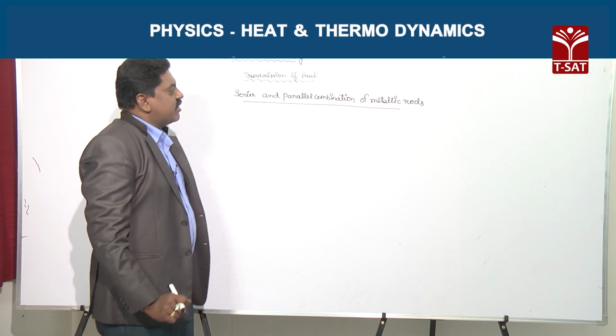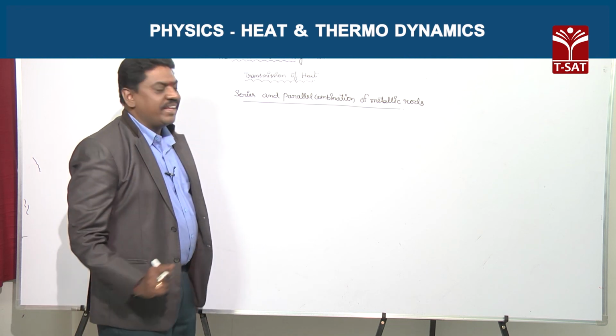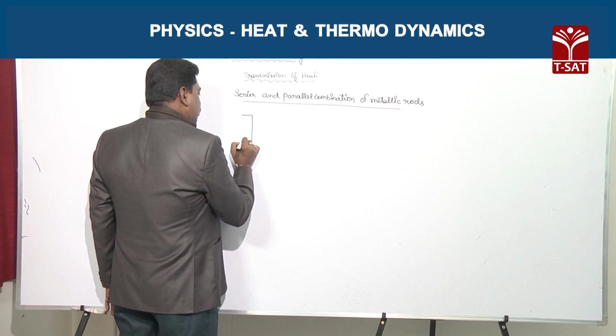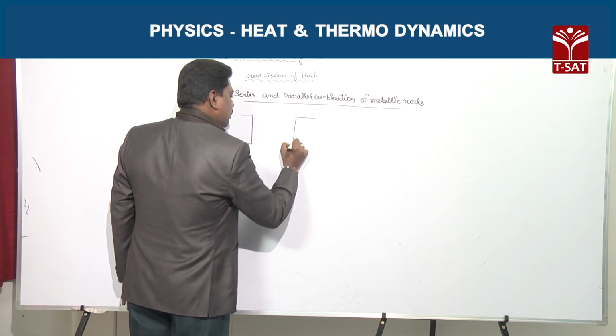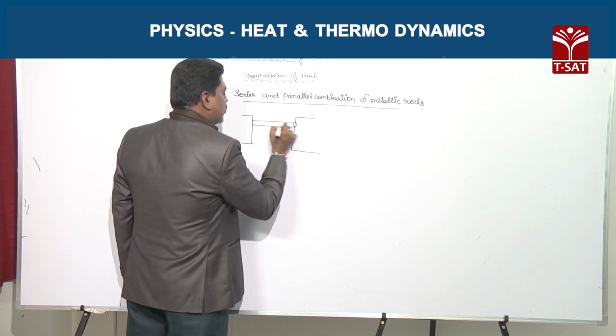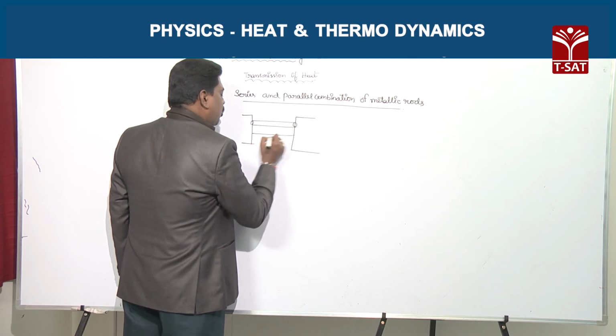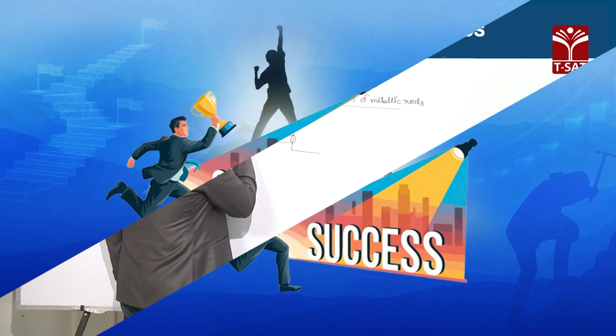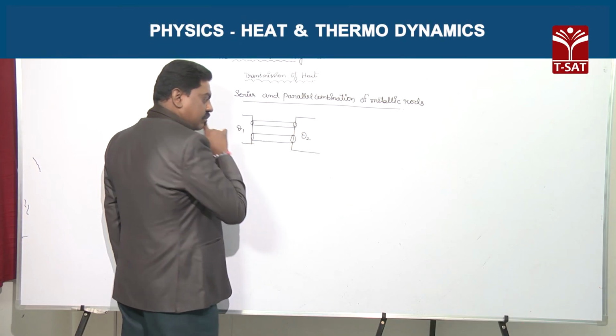Now let us try to understand the parallel combination of metallic rods. Two metallic rods of the same length, which may have different areas of cross section, are fixed between two ends having temperatures theta 1 and theta 2.